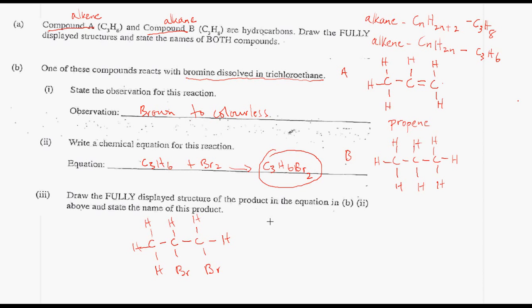So this is the structure they are looking for. The bromine, the Br2, adds across the double bond. Right, so the double bond becomes a single bond and a bromine atom is attached to each of the carbon atoms.